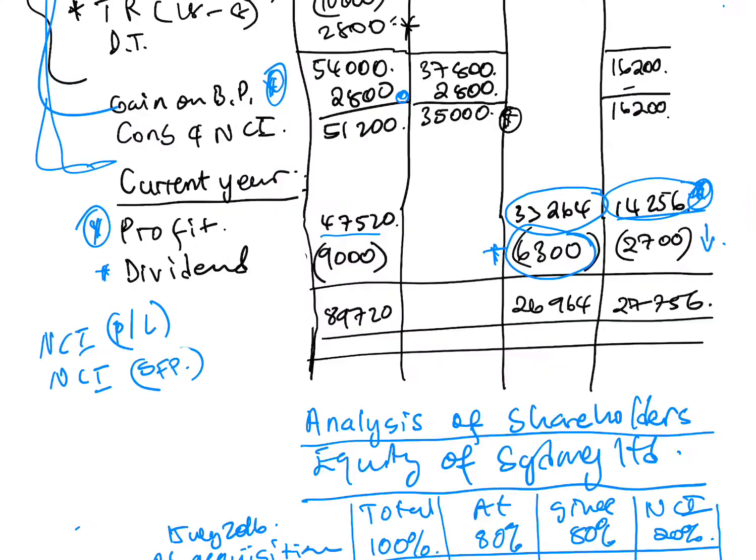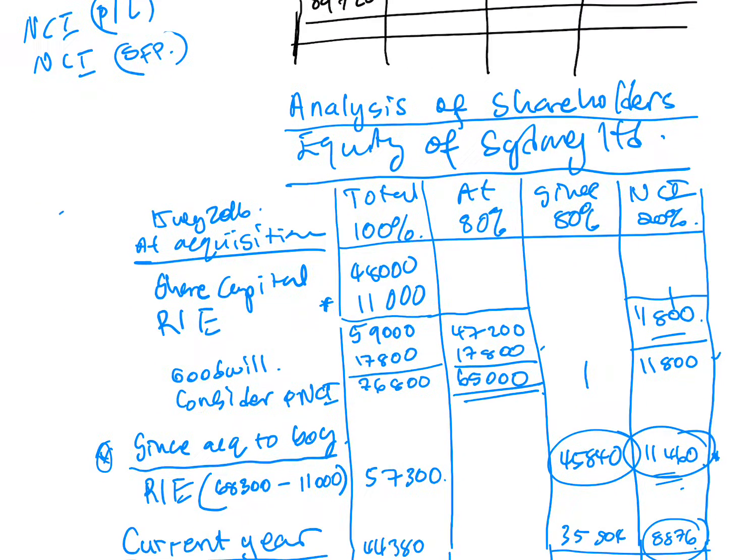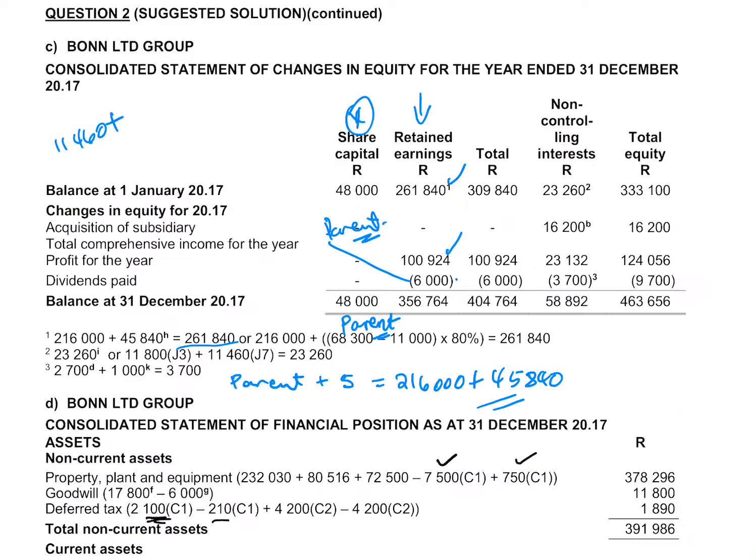They acquired, how much was the value? 11,460 plus 11,800. Right, so 11,800, that will give us 23,260.